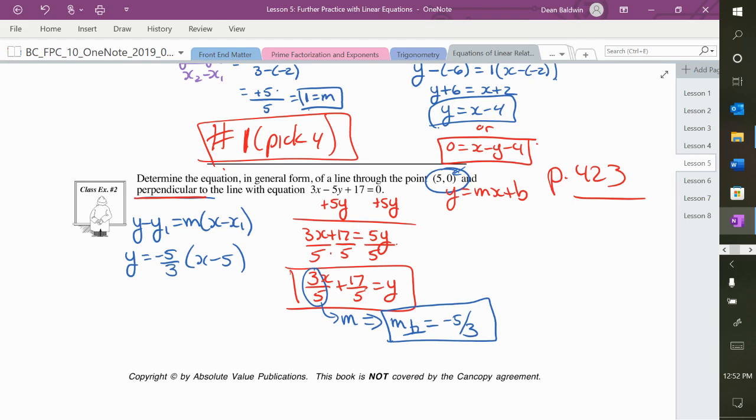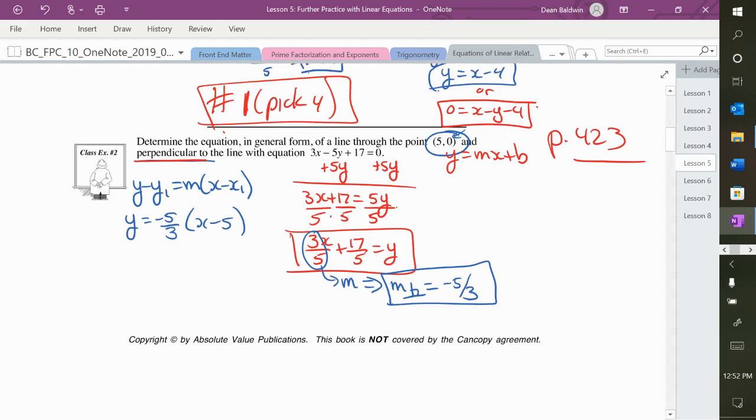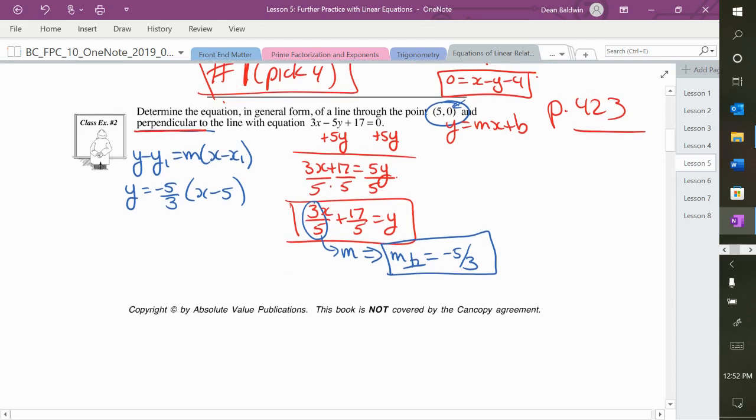Okay. Just for practice, what do I do now? All right, so we go negative 5 over 3x. What's negative 5 over 3 times negative 5? How do you multiply fractions?